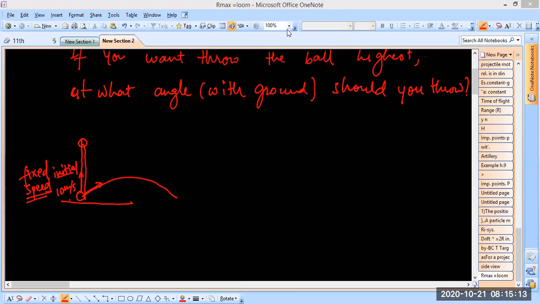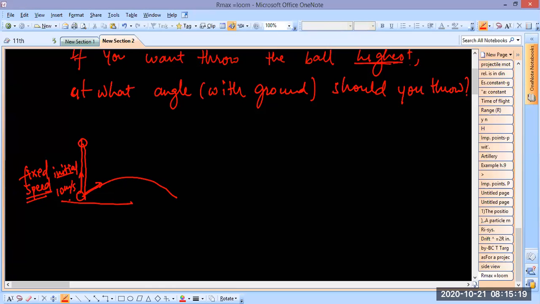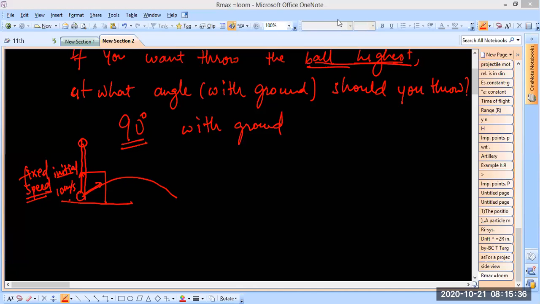So I hope you realize, everyone, that if you want to throw the ball highest, then you should throw it at 90 degrees with the ground. Is this clear? First of all, if you want to throw the ball highest, you should throw it at 90 degrees with the ground.